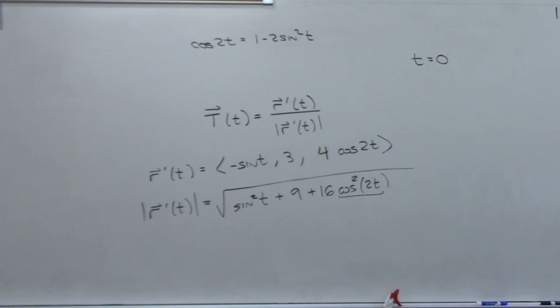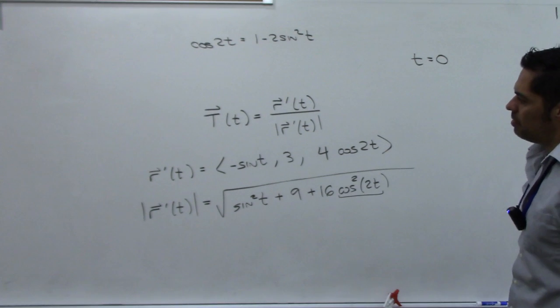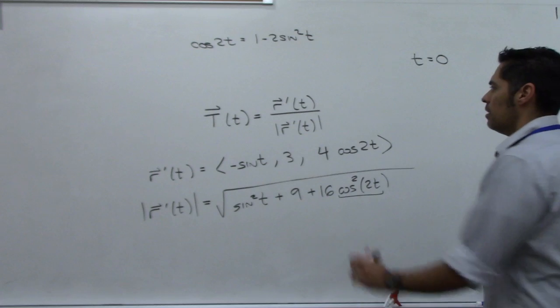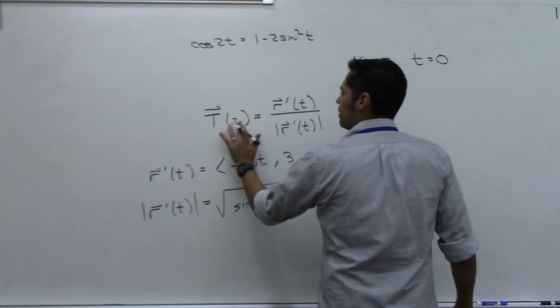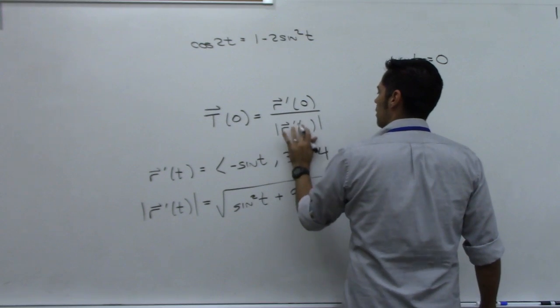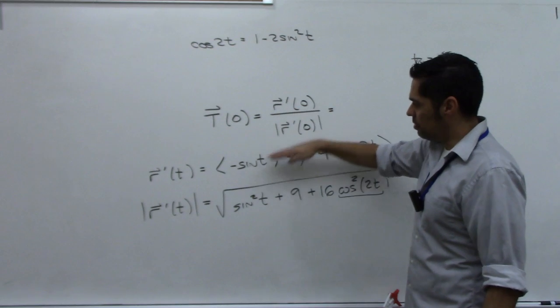I'm trying to come up with a formula for this, but they're giving us t equals 0. So all we have to do is plug 0 into both of these. So what is the derivative vector at 0?